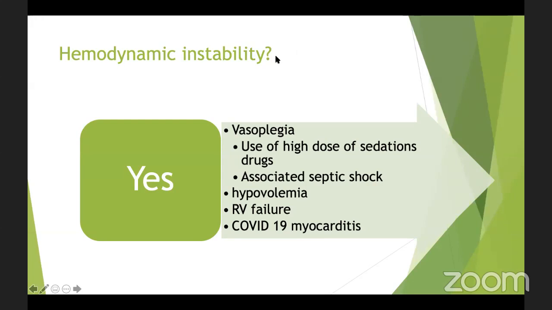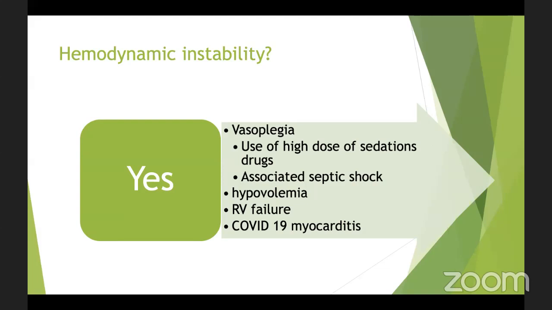Here, the hemodynamic instability, usually in COVID, can have different pathophysiology. It can be initially vasoplegia, as a part of septic shock, or it can be from a high dose of sedation. The other is hypovolemia, which can cause hemodynamic instability, or it can be RV failure.